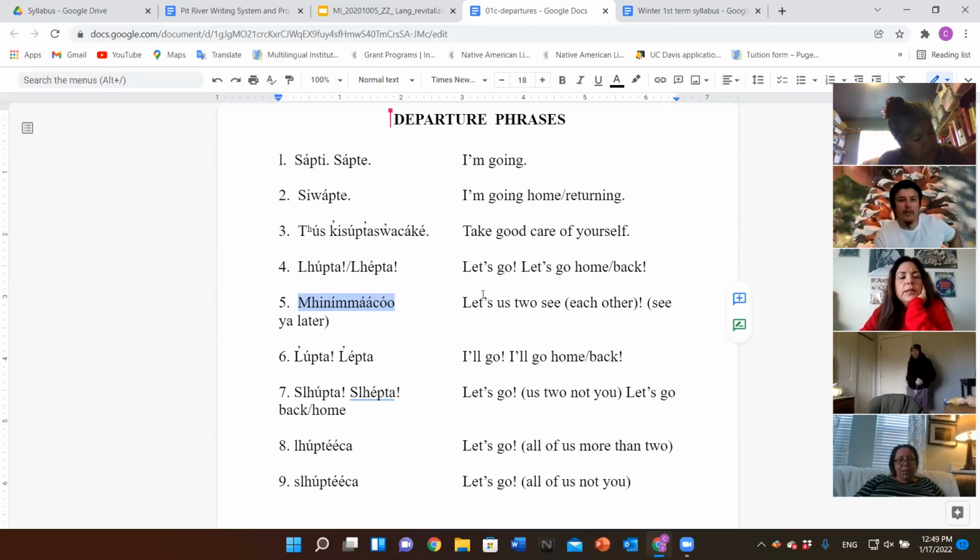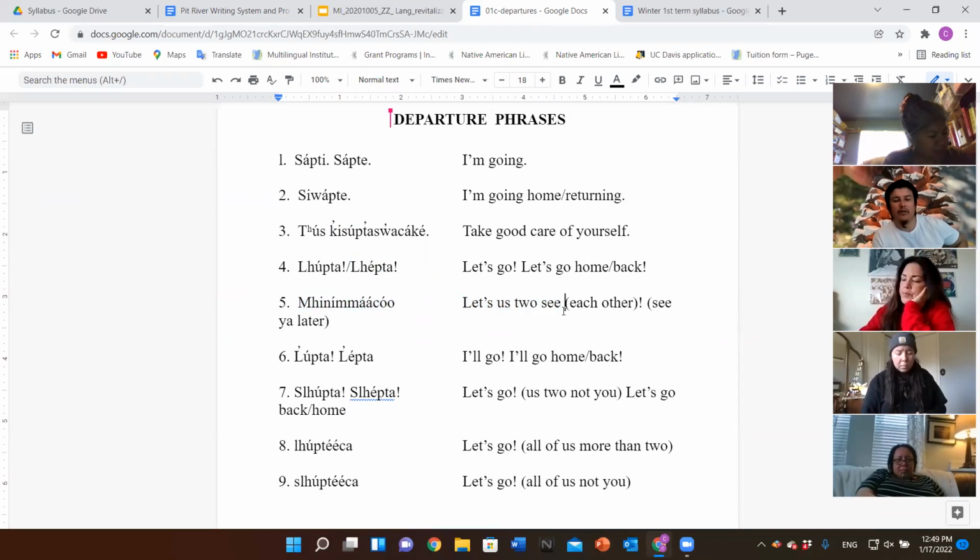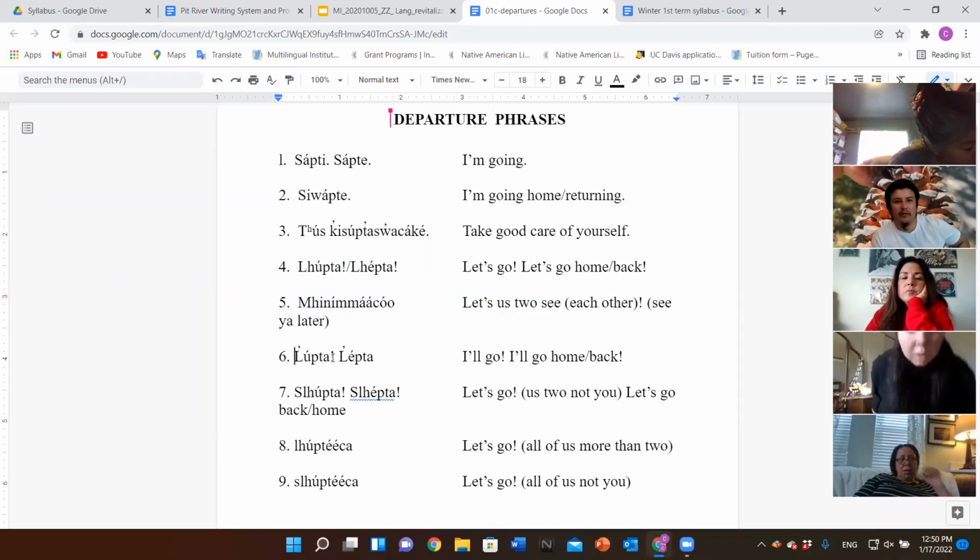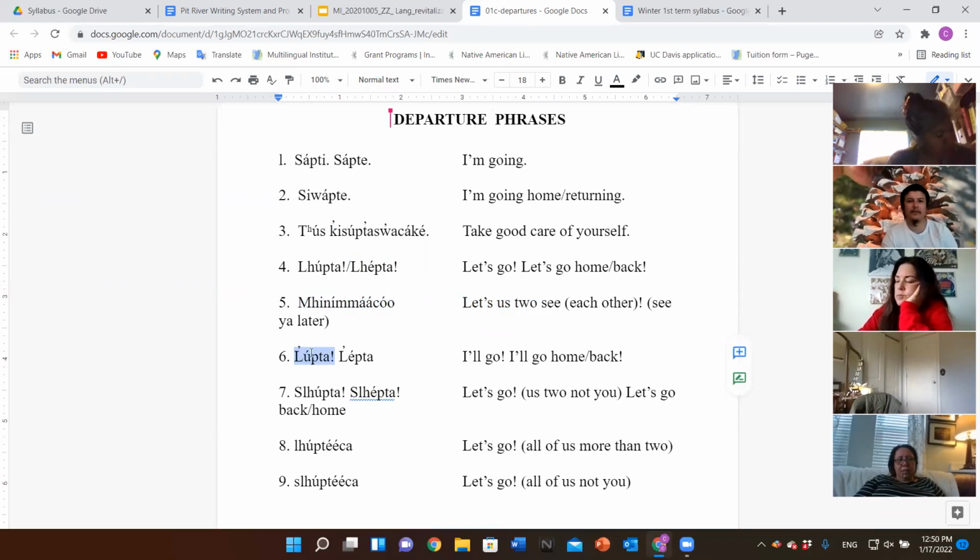The literal translation is let us see, but it means we will see each other, like see you later. You can also say lupta or lepta, like I'm gonna go. You mostly would say sapti, but it's a more really intentional way to say it.